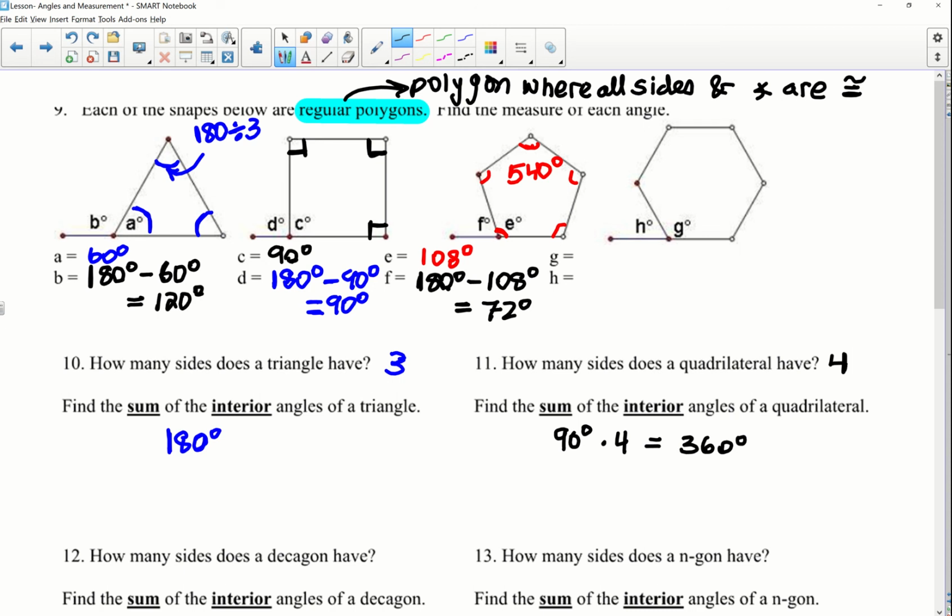So it turns out each one of these exterior angles is the result of taking 360 degrees, and we will prove this later in the course, taking 360 degrees and dividing it by, I'll call it n, where n is the number of sides, or angles, because they correspond.